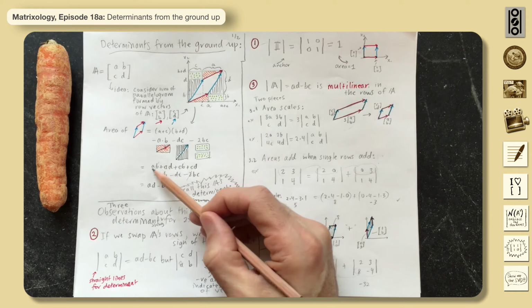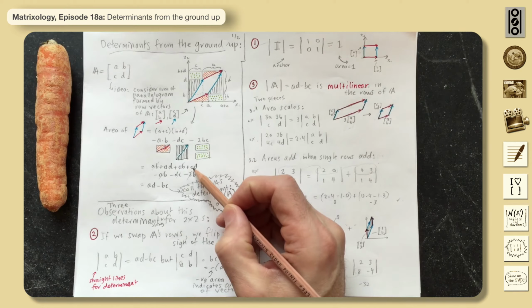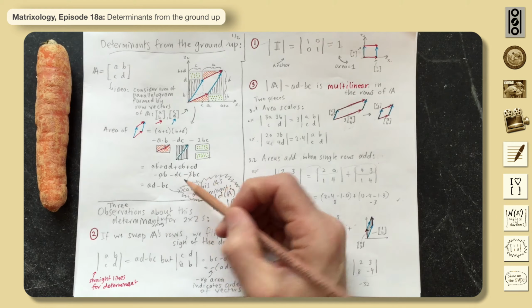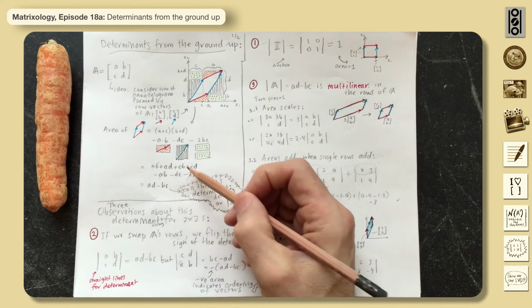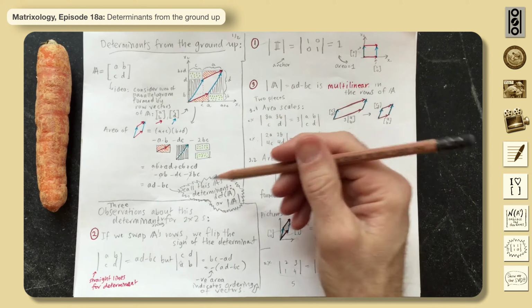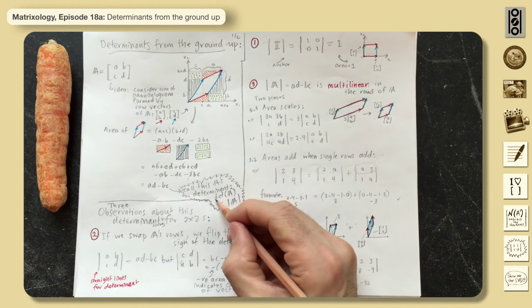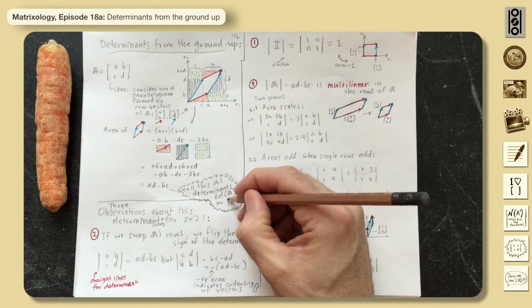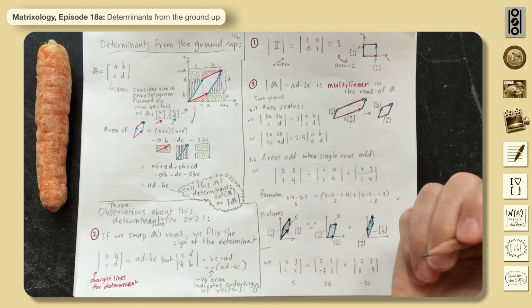CBs go away, this CB goes away, and we're just left with minus BC. This CD and this CD disappear. So we're left with AD minus BC. And we'll call this A for 2x2. This is the determinant, and we write it as determinant of A, with DET, or use this a lot, just straight lines around A.